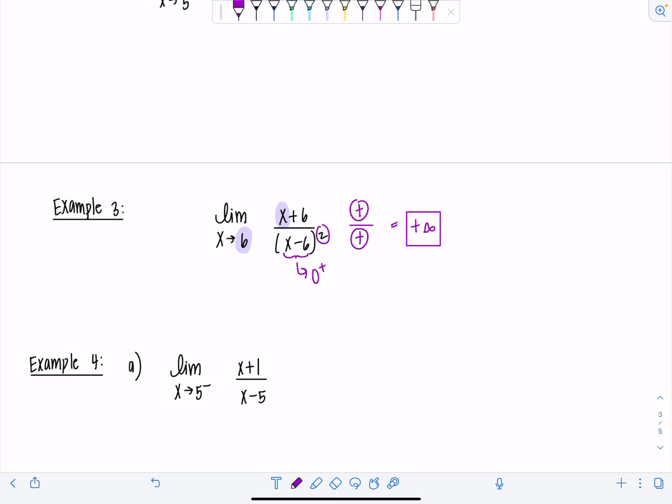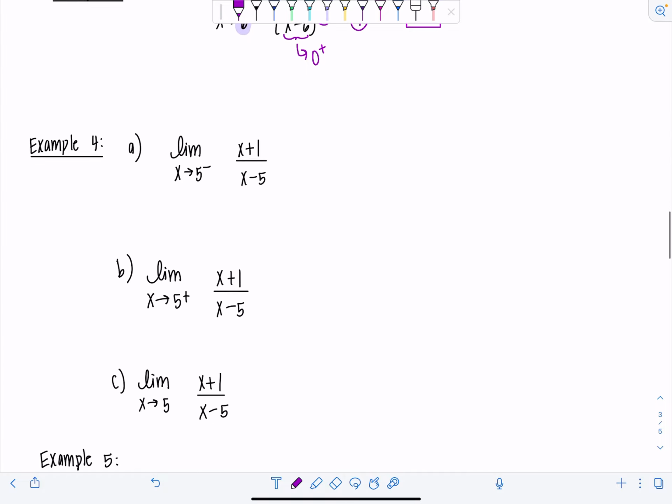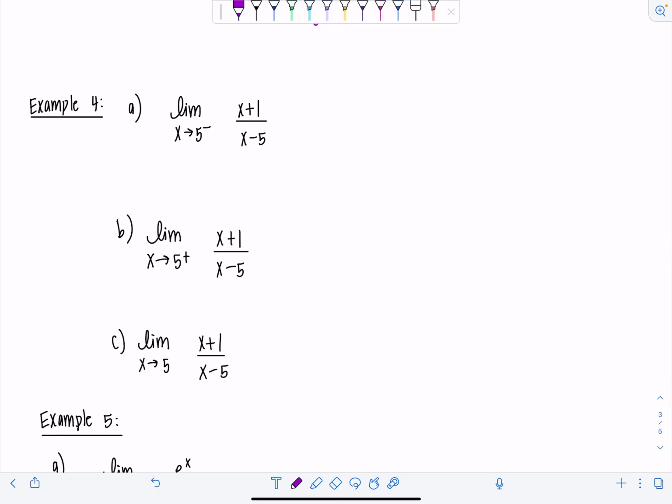Good. Let's look at some more with a numerator that's a little more spicy. So we've got the limit this time as x approaches 5 from the left of x plus 1 over x minus 5. So let's see here. As x approaches 5 from the left, notice the numerator x plus 1, that's not approaching 0, right?